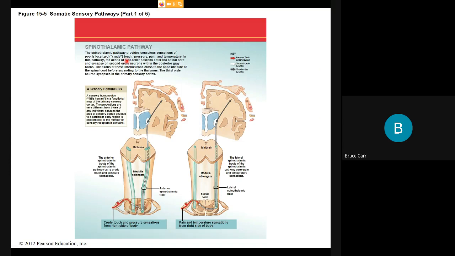The spinothalamic tract is divided into an anterior pair of white matter strands and a lateral pair of white matter strands, because these two actually conduct different kinds of messages. Crude touch and pressure from the right side of the body is shown entering the right side of the spinal column, and look at this, crossing over to the anterior spinothalamic tract on the left side, ascending up through that.